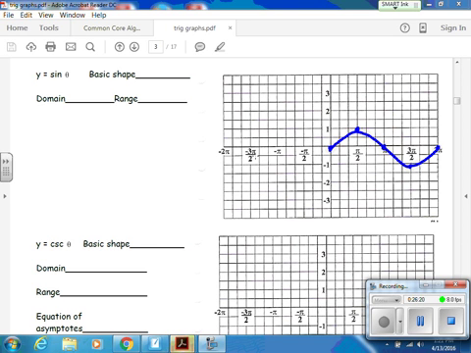What's the domain for the sine function? Domain? All X. Alright, what's the range? Alright, -1 to 1.